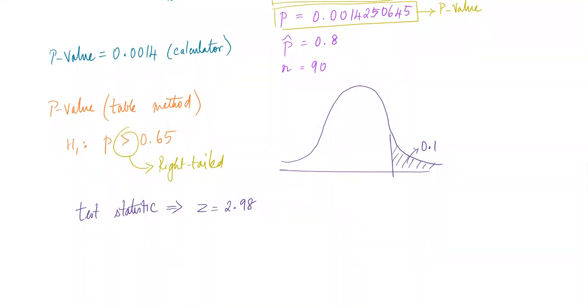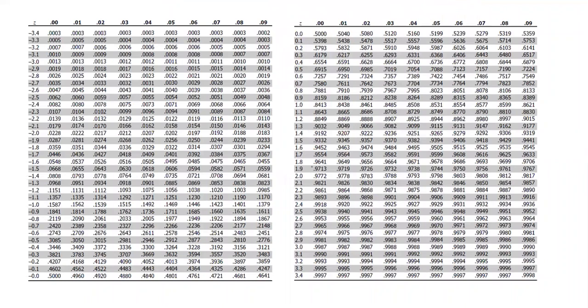So then I go to the Z table, and then I locate 2.98. And where does it meet? That's where it meets, right? 2.9 here and 0.08 meets at 0.9986. Come back here.